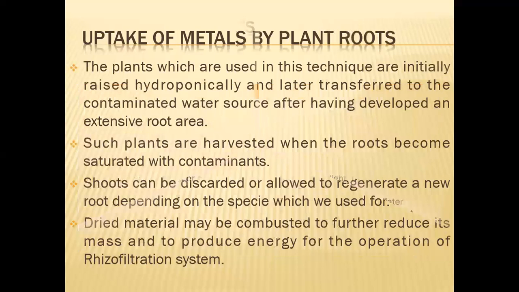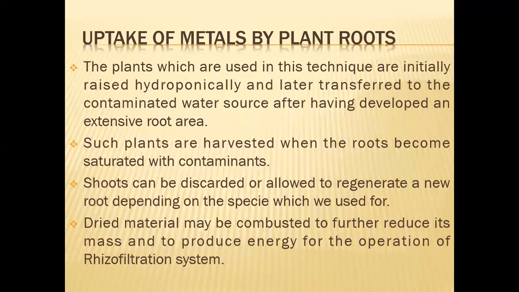Moving to the next slide. In this slide, we discuss the uptake of metals by plant roots. The plants which are used in this technique are initially raised hydroponically and later transferred to the contaminated water source after having developed an extensive root area.